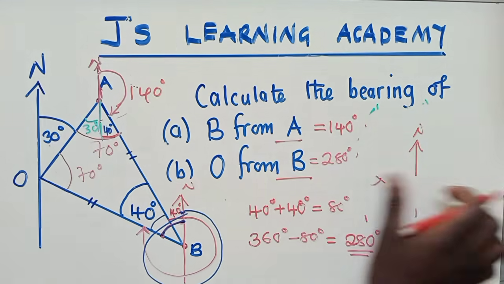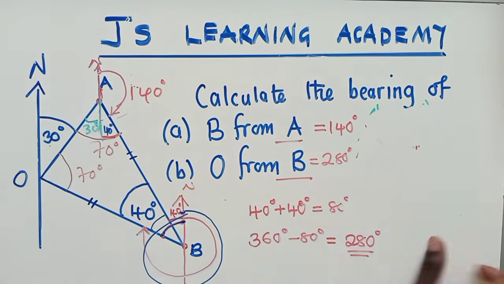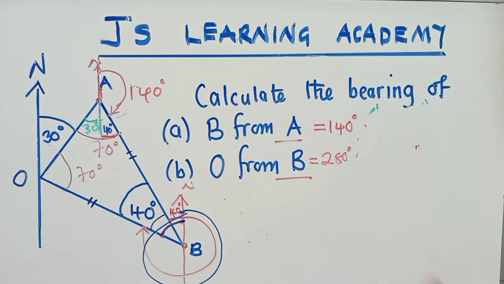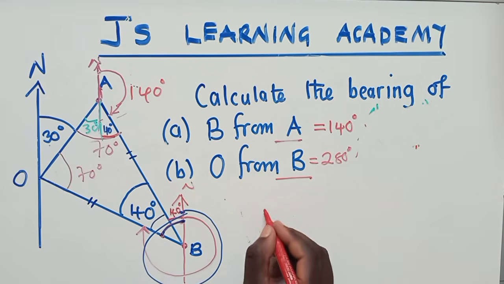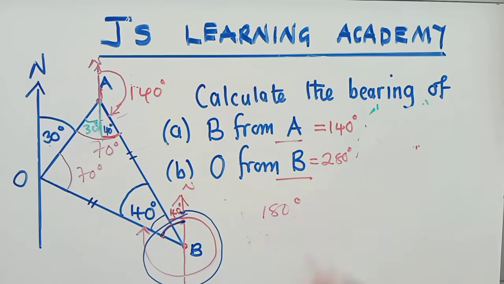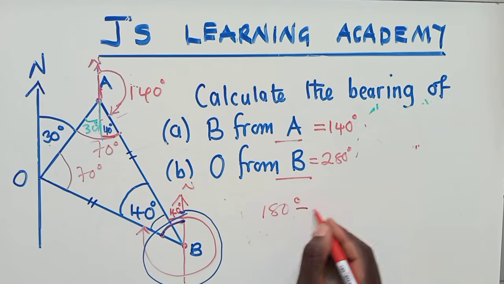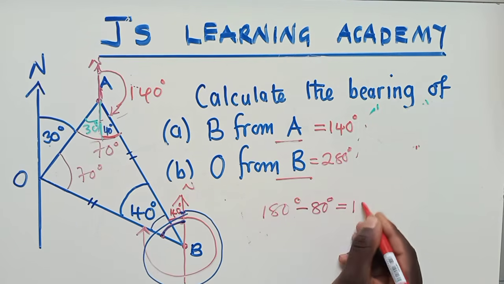Okay. So if you don't want to use this property, you can also say the property of a straight line is 180 degrees. So now 180 degrees minus 80 will give us 100.